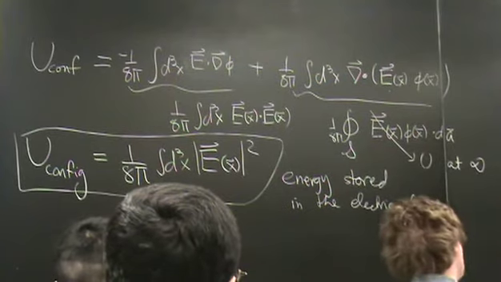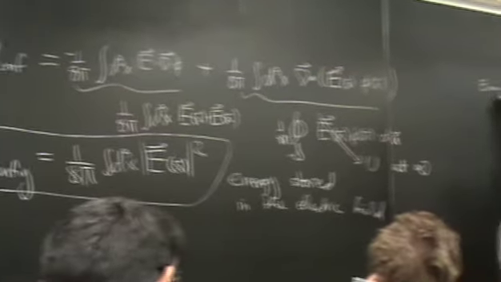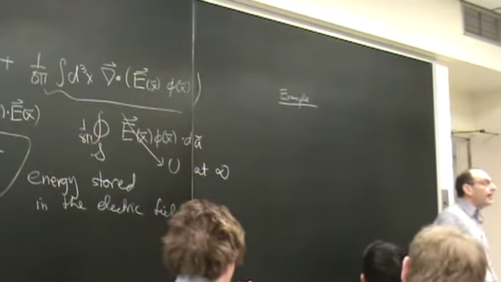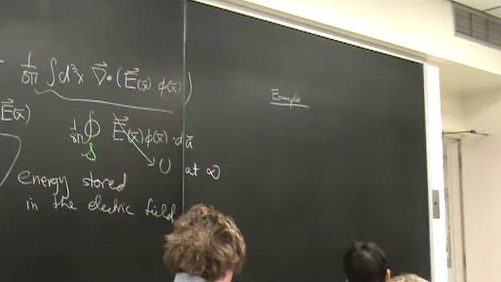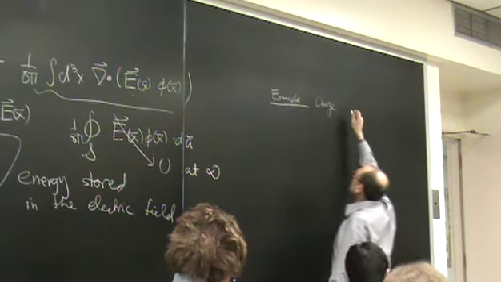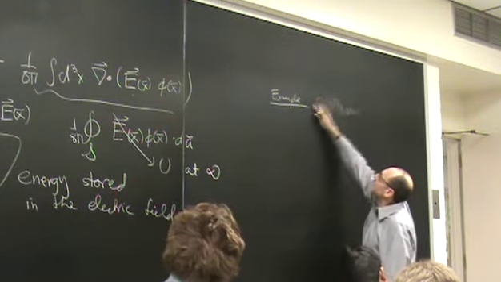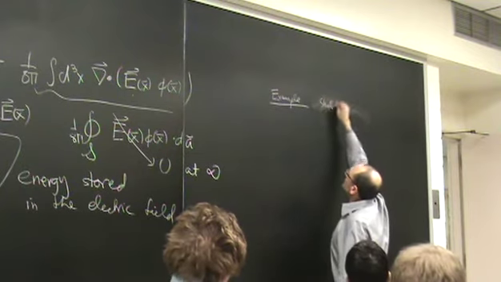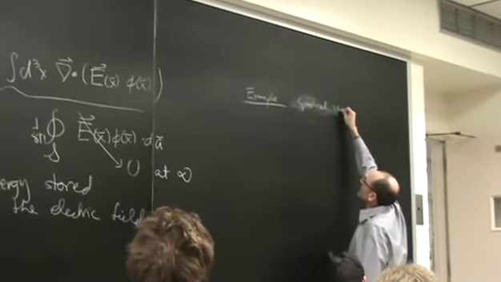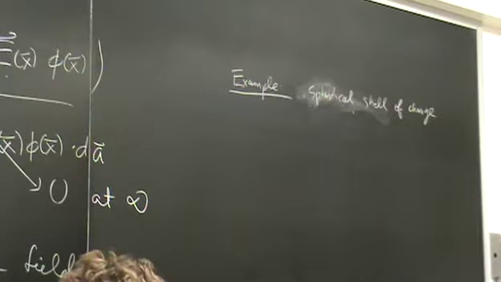All right, so for example, if we go back to the problem that we were discussing at the beginning of the lecture, the problem of the charged spherical shell, which we have over there.